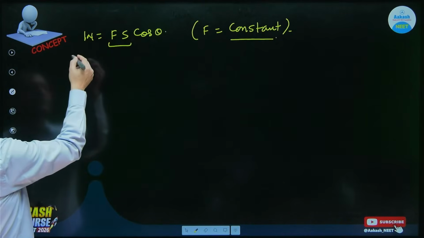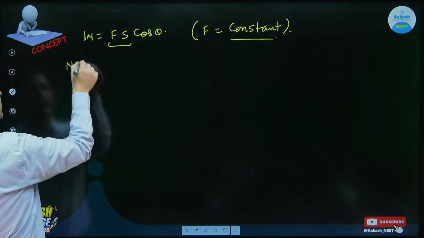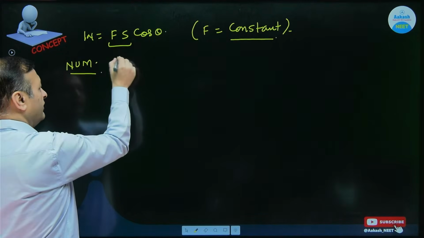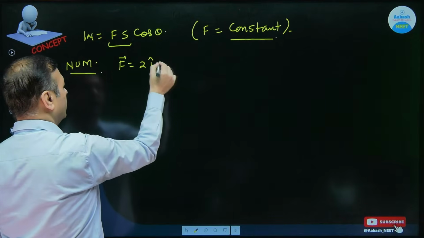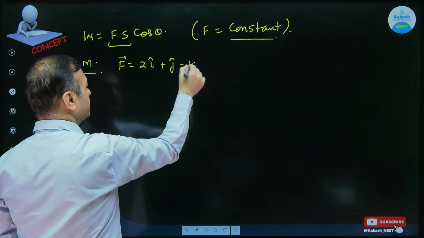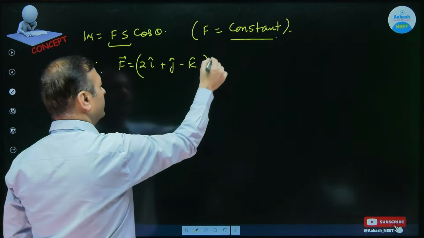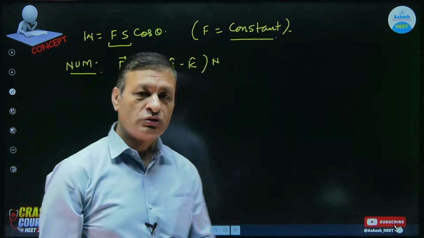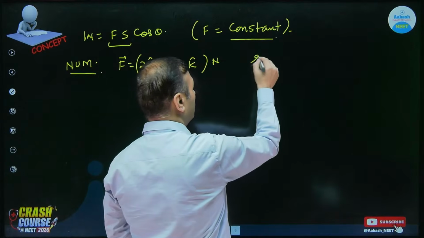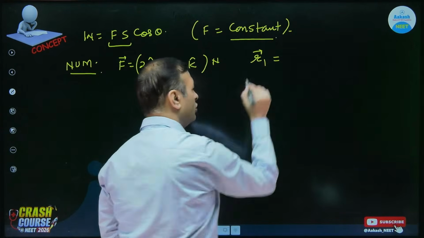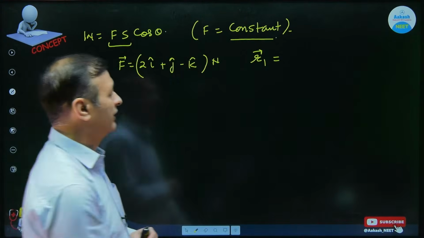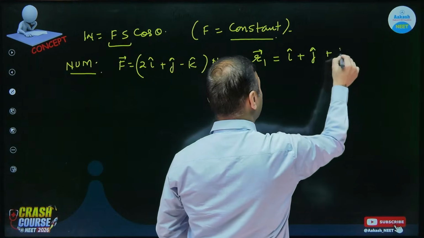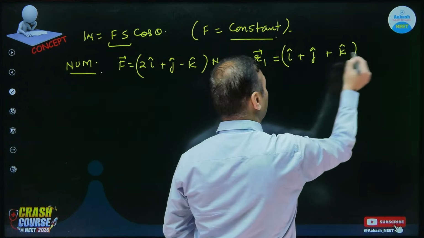Now let's suppose we attempt a numerical. Let's take the value of F as 2i cap plus j cap minus k cap, and this is in newtons. If you apply a force, and the body's initial position vector is at i cap plus j cap plus k cap meters.